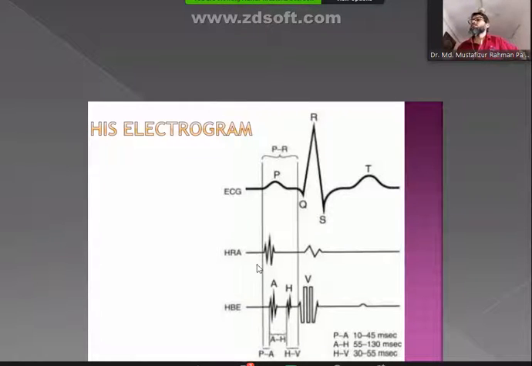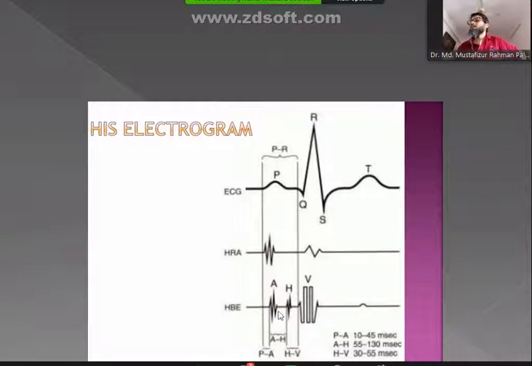After firing of the SA node, impulses pass from the SA node to the atrium, the PA interval, then atrium to His, the AH interval, and from the His to the ventricle or Purkinje, the HV interval. So these are the common normal intervals.